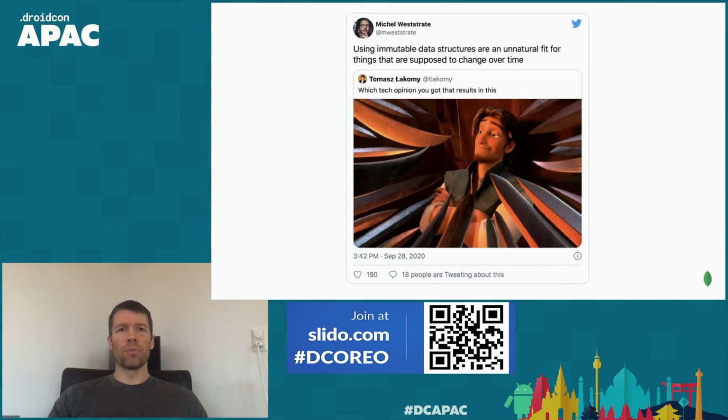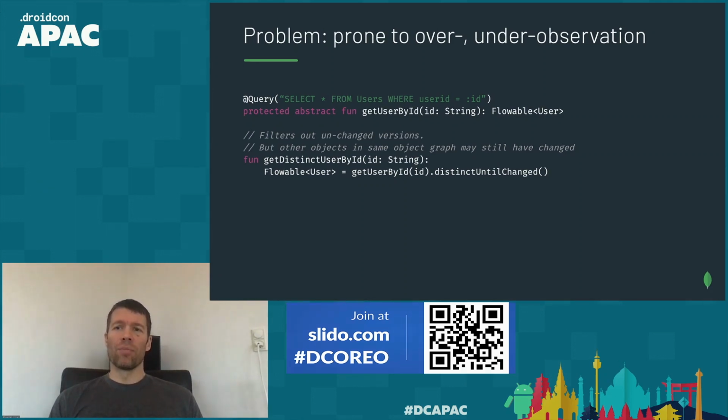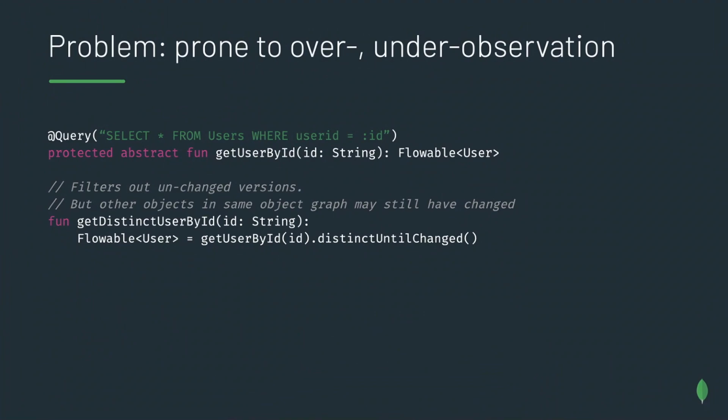So what kind of problems do you have with streams of immutable data? One of the problems is that they're very prone to over and under observation. So the streams are in some way kind of dumb. The challenge with streams is that they conflate two things that are different.